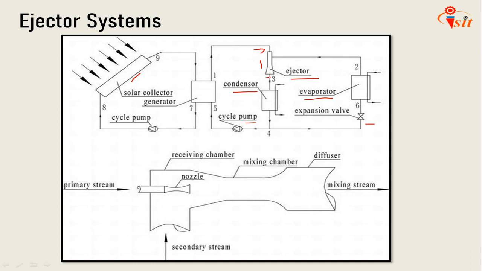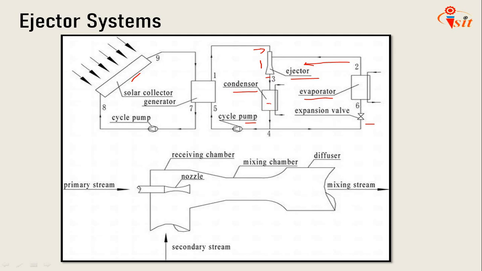This low pressure draws the secondary flow coming from the evaporator into the chamber. The primary and secondary streams are mixed in the mixing chamber. This mixed stream enters the diffuser where its pressure increases to the condensing pressure.